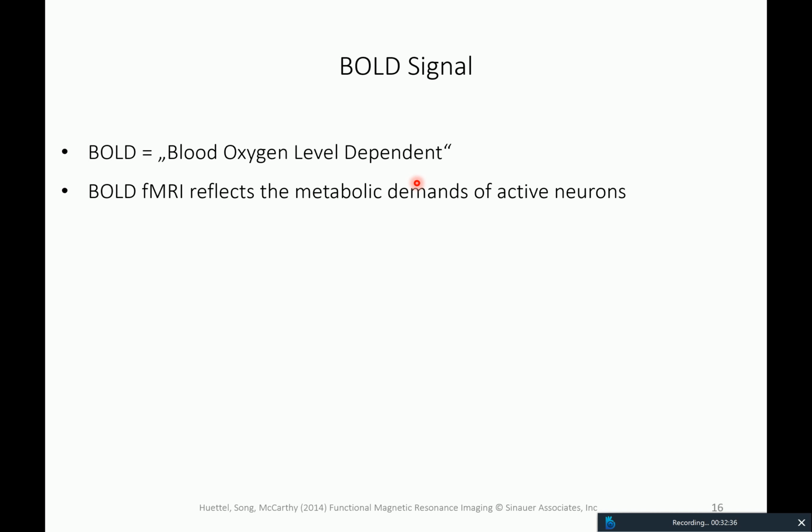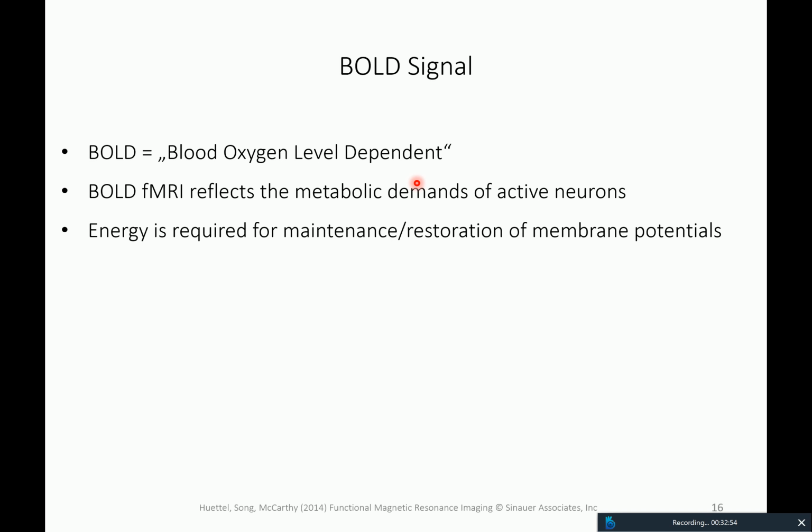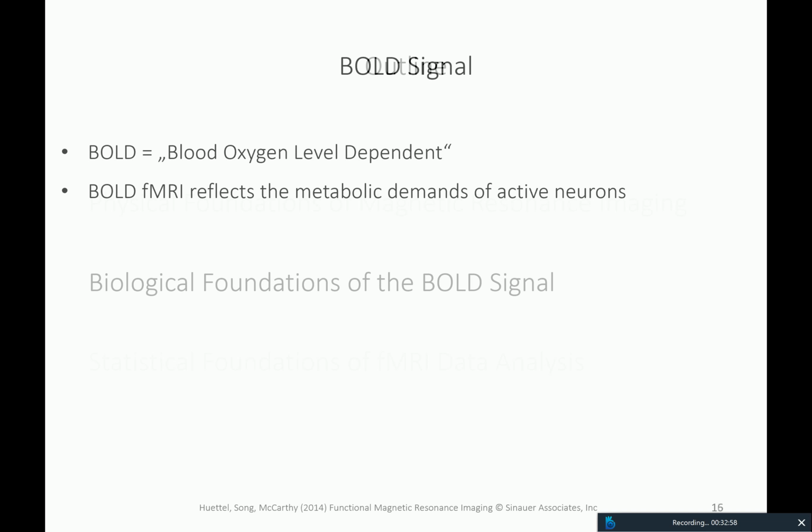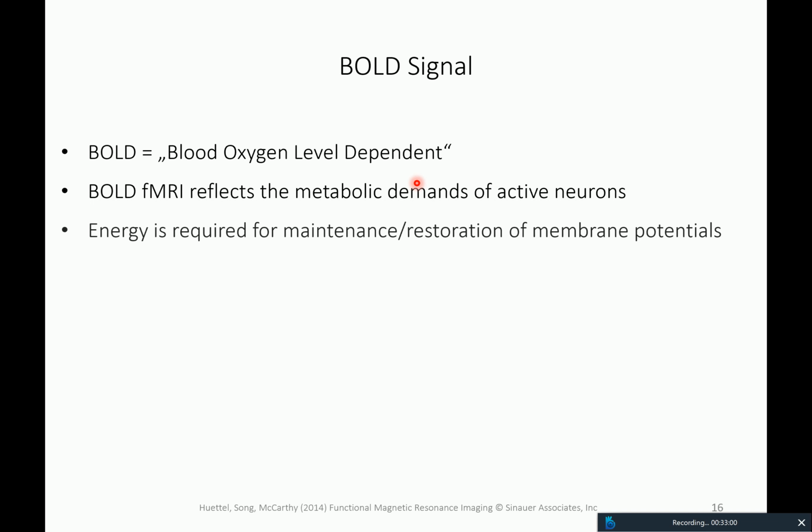So somehow the requirement of neurons to eat oxygen can be detected in fMRI in a spatially and temporally specific manner. Very roughly. This is one slide trying to introduce the BOLD signal.